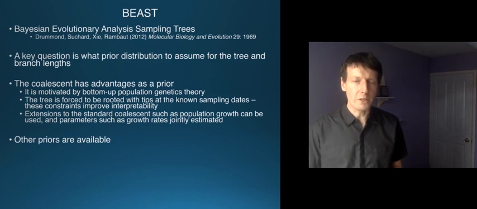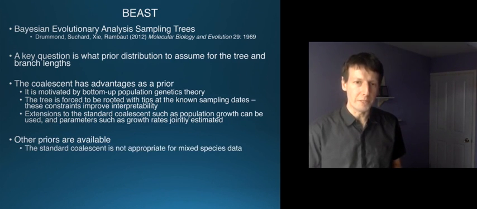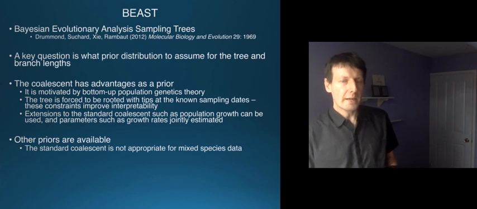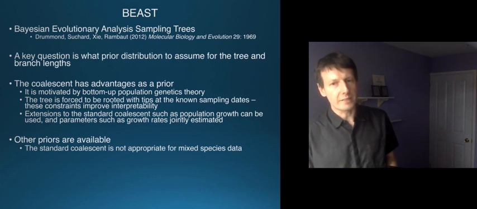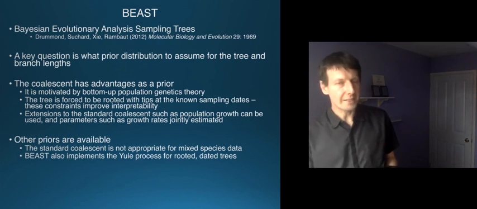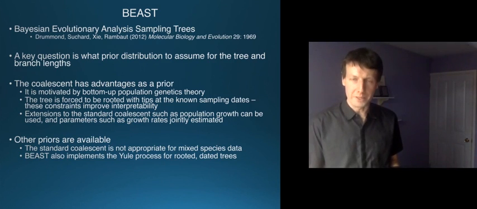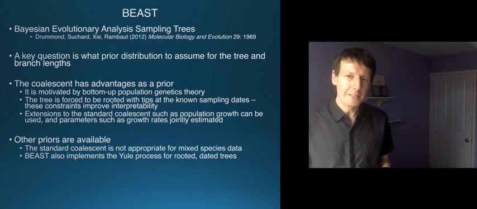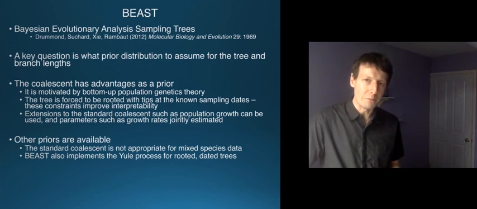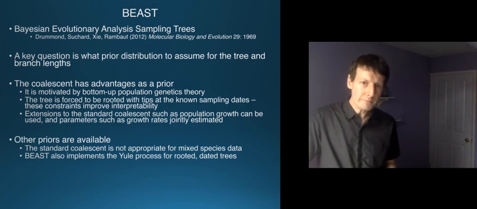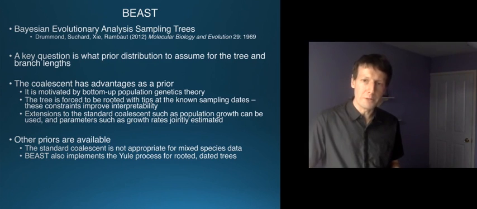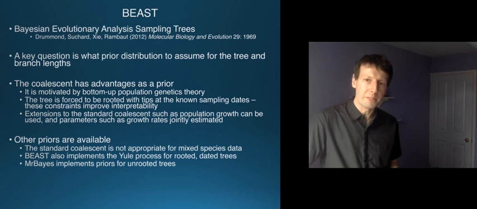But the coalescent is not the only choice. Other priors are available for trees. As I've mentioned previously, the standard coalescent is not appropriate for mixed species data. In particular, the assumption that the population is a single well-mixed homogeneous entity clearly doesn't apply when you've got multiple species. BEAST also implements the Yule process for rooted data trees, and Mr. Bayes implements other priors for unrooted trees.